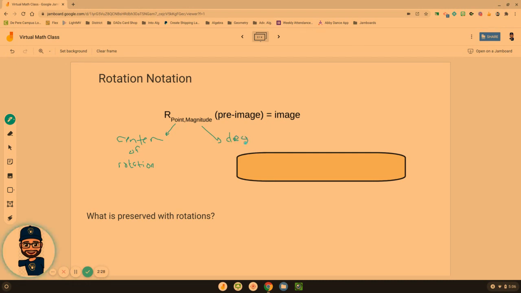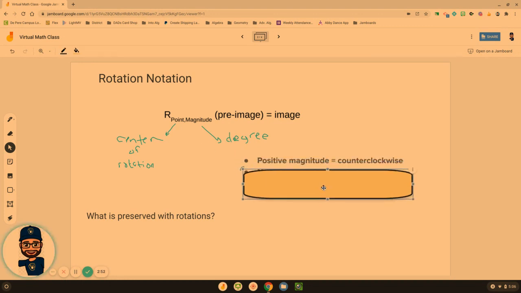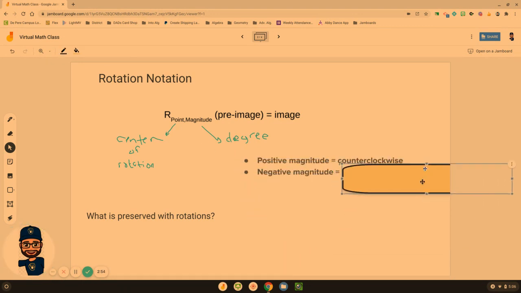Degree. Now, there is something unique about the degree measures. Because if you think about rotating a piece of paper, you can either rotate the piece of paper clockwise by turning it to the right, or we could turn it counterclockwise by turning it to the left. And so when we look at rotation and these different notations, we have to remember this.